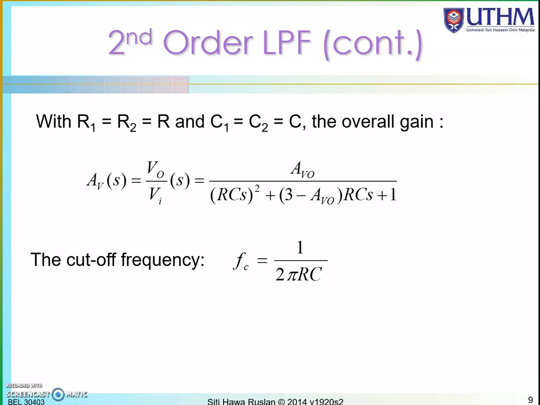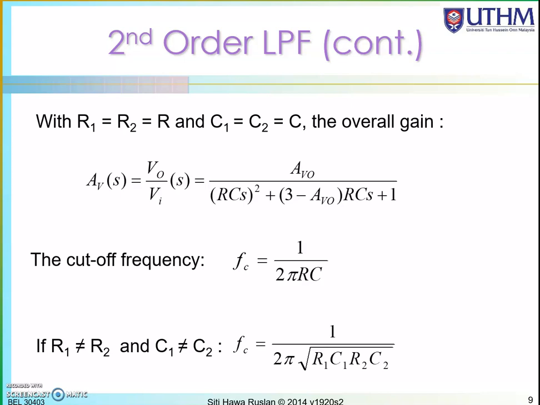Okay. I didn't show how to get that. It's quite tedious. Just remember that that is the cutoff frequency. But if your resistors and capacitors are not equal, R1 not equal to R2, C1 not equal to C2, your cutoff frequency will be simply 1 divided by 2 pi square root of R1 C1 R2 C2. But seldom we use this equation.